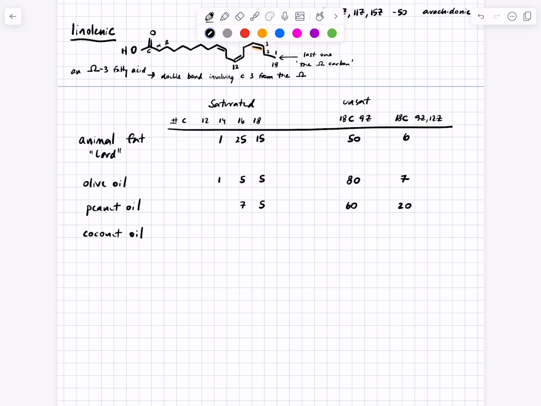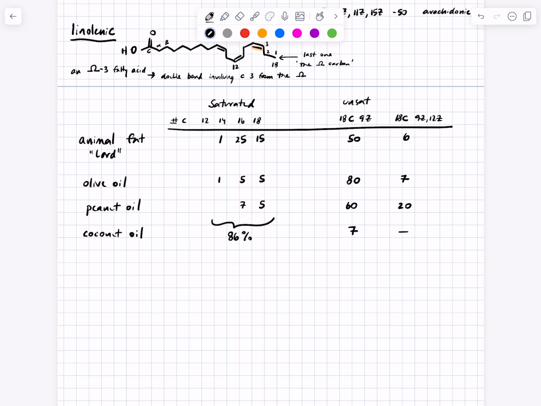I don't have the breakdown of the individual kinds of carbon chains in coconut oil. I could look it up, but don't have it in front of me. It's about 86% saturated for coconut oil, only 7% oleic, and negligible amounts of linoleic.